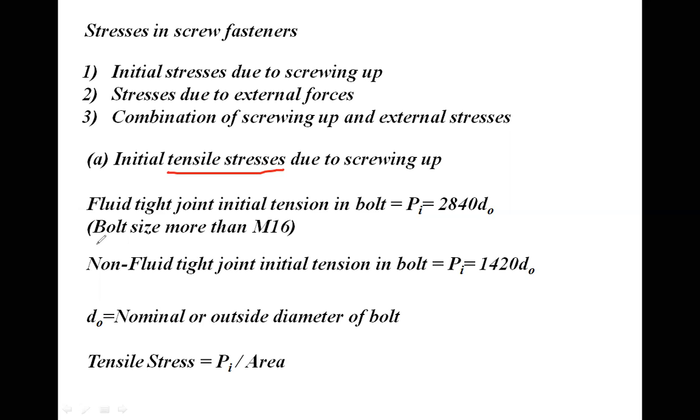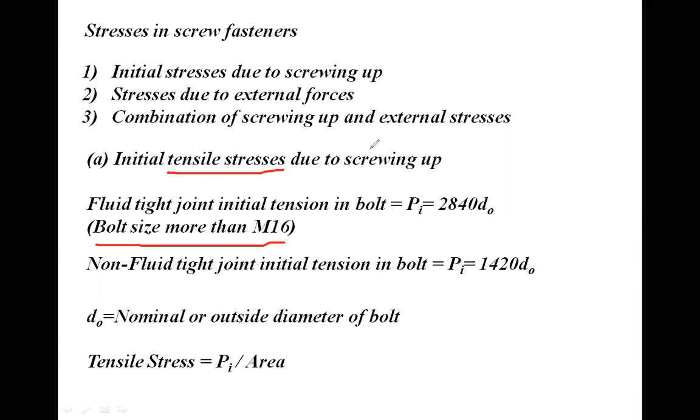If you take a bolt size less than M16, where M16 means major diameter is 16 mm, and you use such a bolt for tightening, that screw may fail in torsion because the size is very small. So that's why a fluid tight joint requires a bolt size of more than M16.